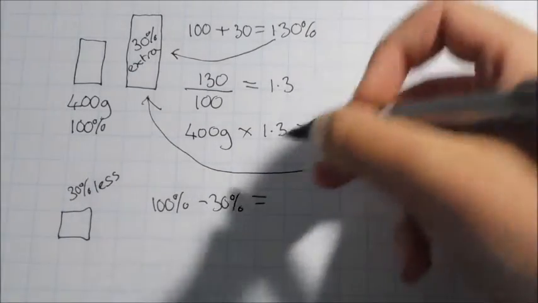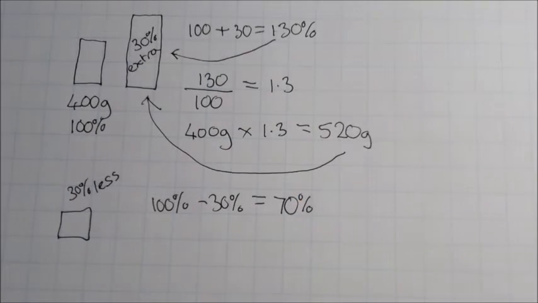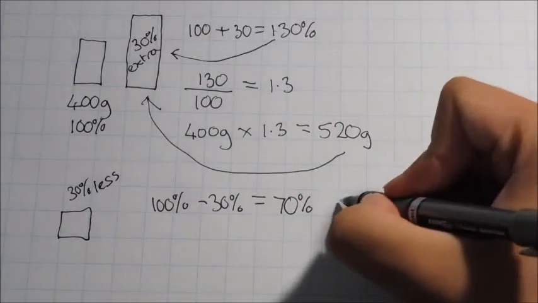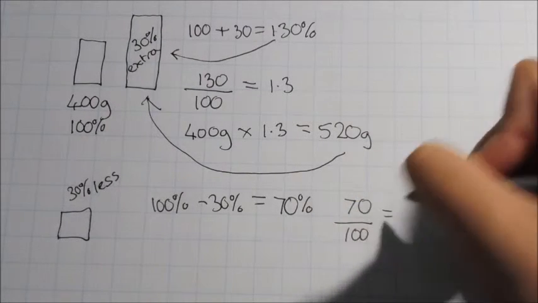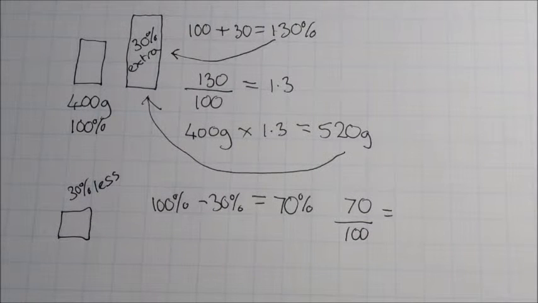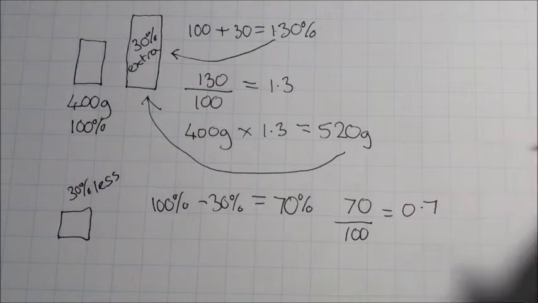Now obviously 100 take away 30 leaves you with 70%, which is what that new box holds. Now 70% is 70 out of 100. And if you were to have 70 out of 100, that there would then leave you with your new multiplier, and your new multiplier would then be 0.7.